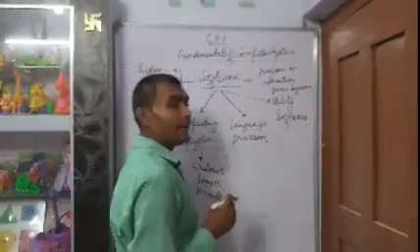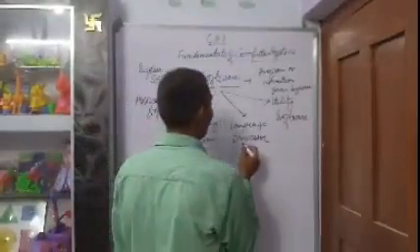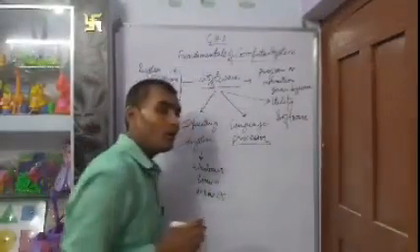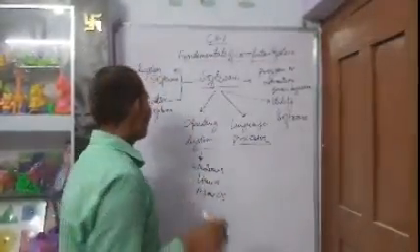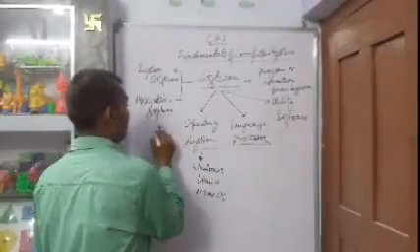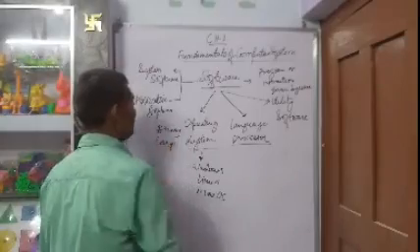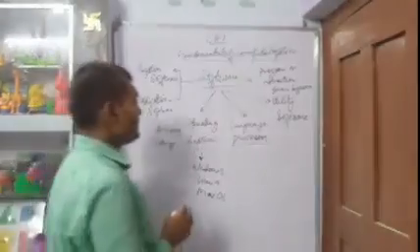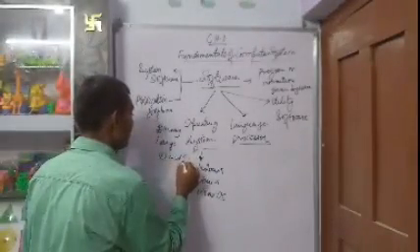Now, the second system software is the language processor. You all know that our computer system understands only binary language, that is in the form of 0 and 1.